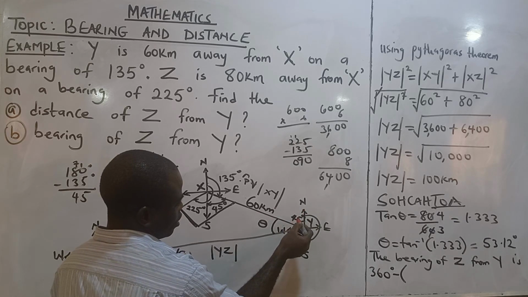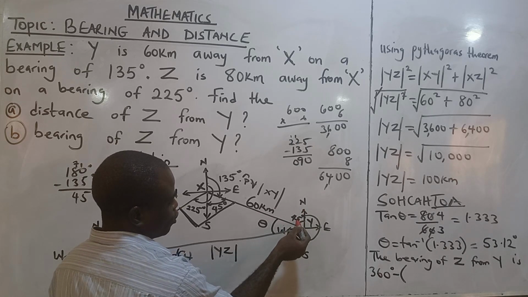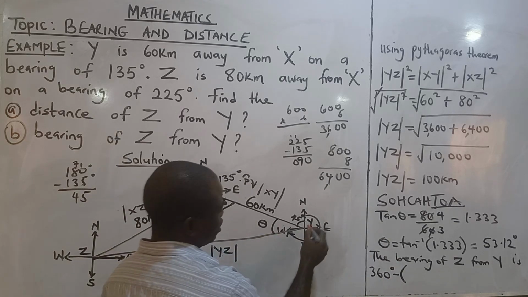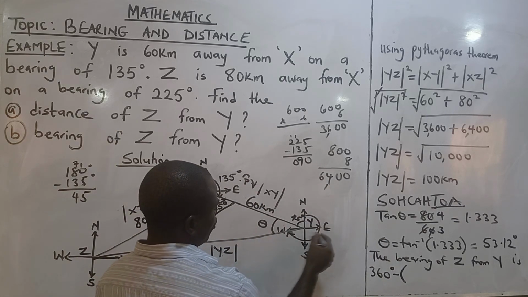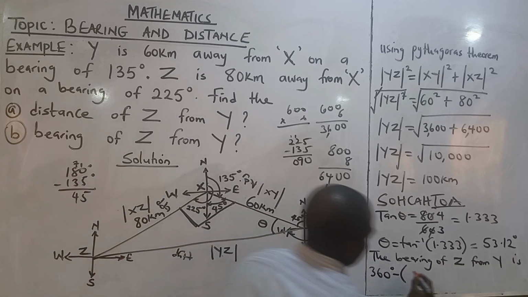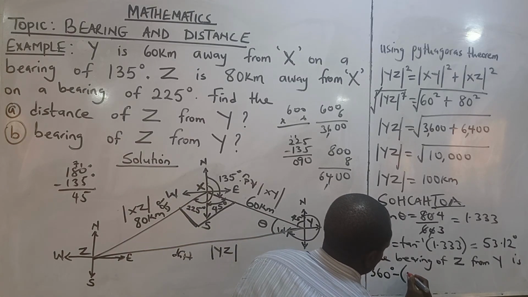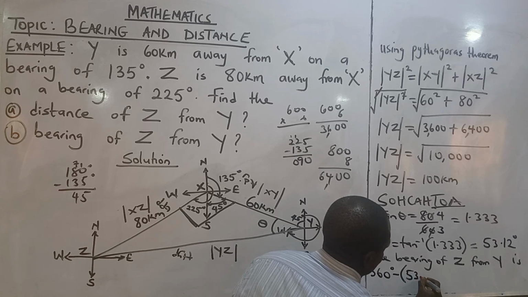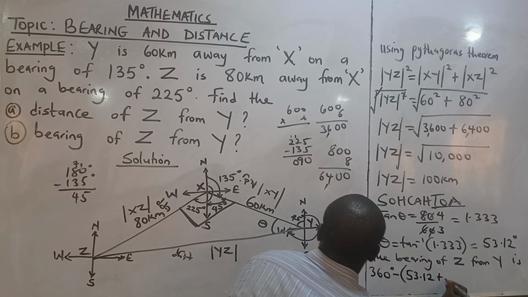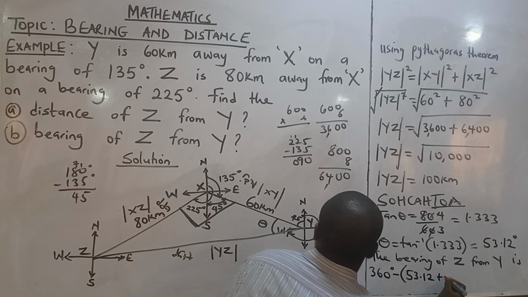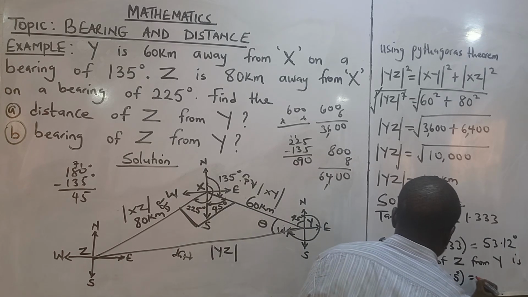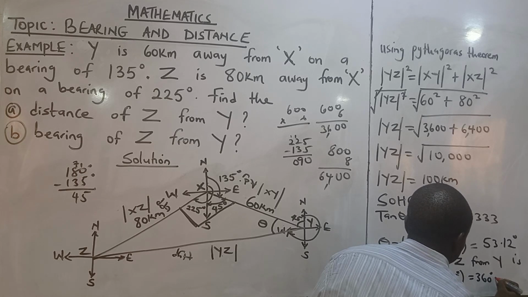You add the angle we looked for and the 45 degrees here together, and subtract it from the 360 degrees, you get the bearing of z from y, which is 360 degrees minus 53.12 plus 45 degrees.